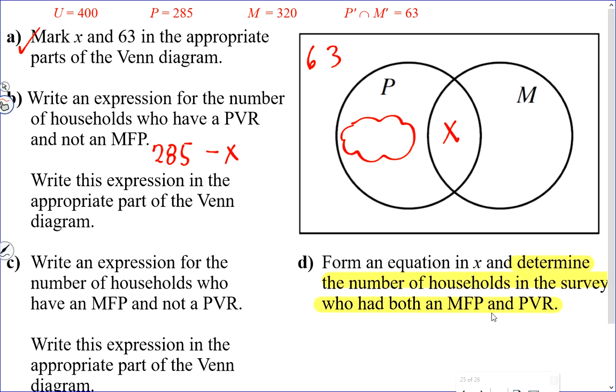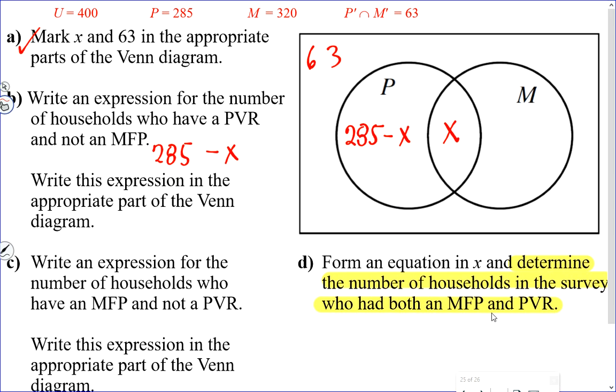You really have to think carefully about this. The number of people who have a PVR but not a multifunction printer are the number that have a PVR minus those ones that also have the multifunction printer. So we're going to put 285 minus X here.